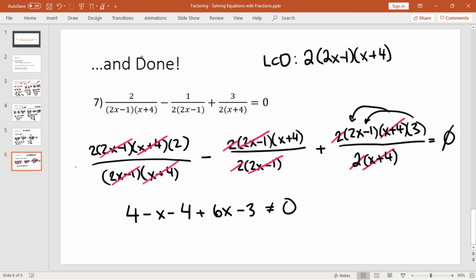Equals 0. Okay, so we've got 5x, 4 minus 4, minus 3 equals 0. 5x equals 3, and x equals 3 over 5.